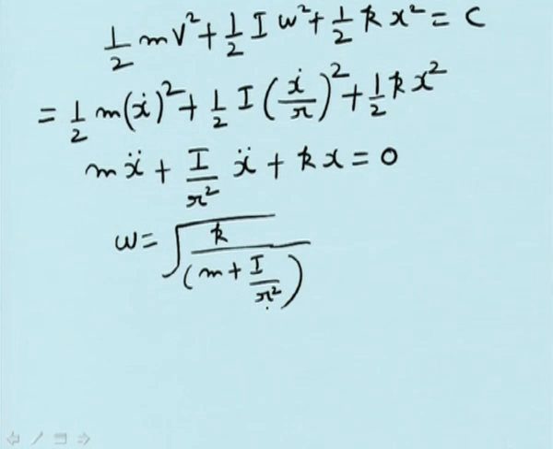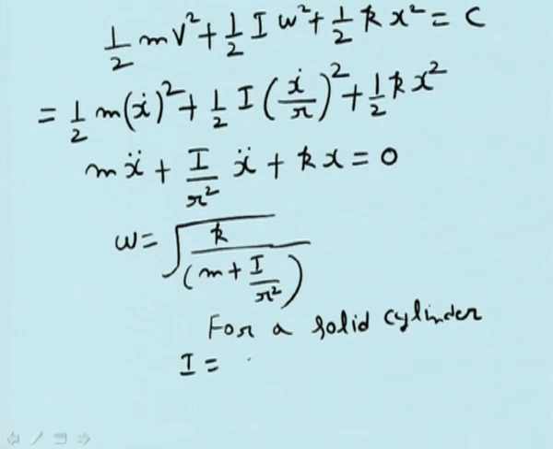Now for a solid cylinder, I is equal to half m r square.